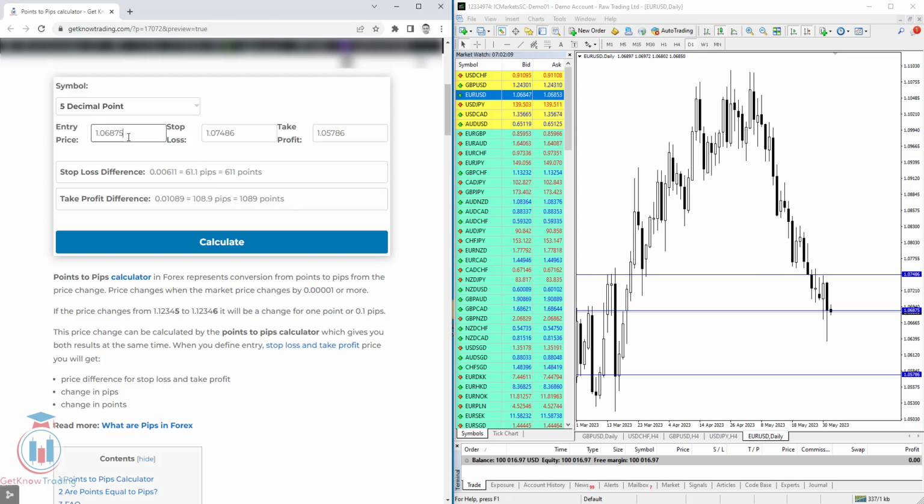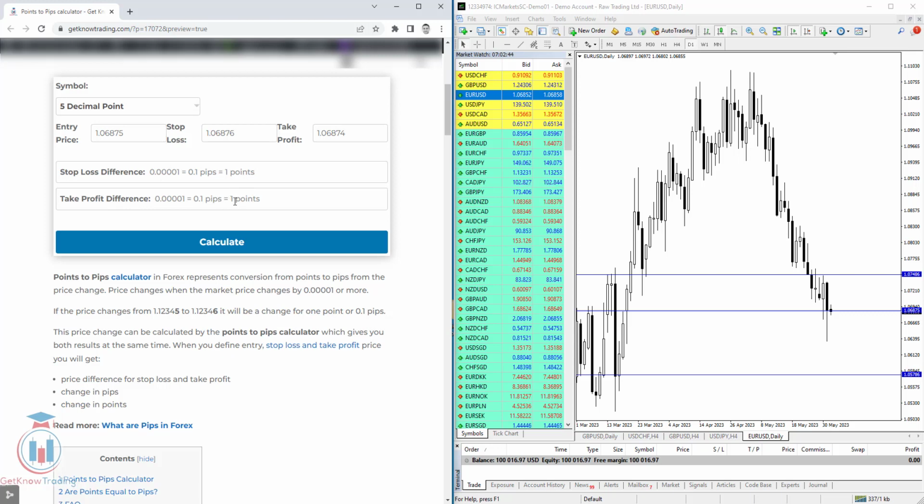Now let's use an example. For example, let's change only on the last decimal point. For example, if the entry price is 1.06875, the stop loss would be 1.06876, and the take profit would be 1.06874. Let's click calculate, and this is what you get. You get that the stop loss difference is by 0.0001, which means 0.1 pips, or it is a 1 point.